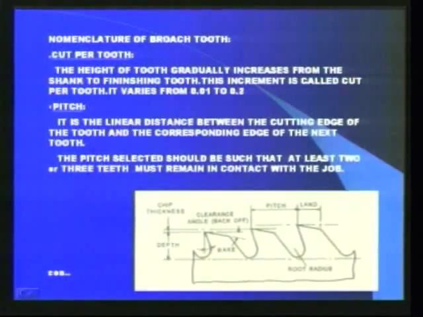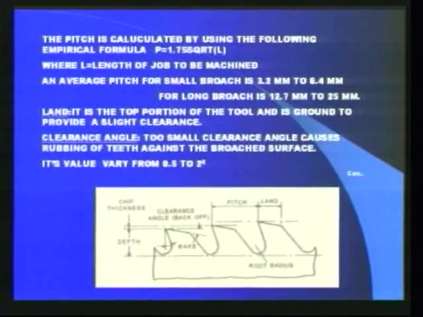The pitch is calculated using the empirical formula P equals 1.75 square root of L, where L is the length of the job to be machined in mm. An average pitch for a small broach is 3.2 mm to 6.4 mm, and for a long broach it is 12.7 mm to 25 mm.